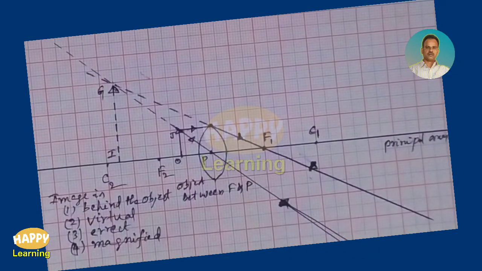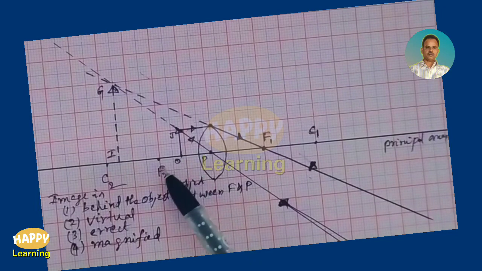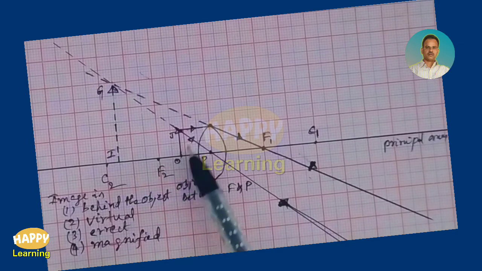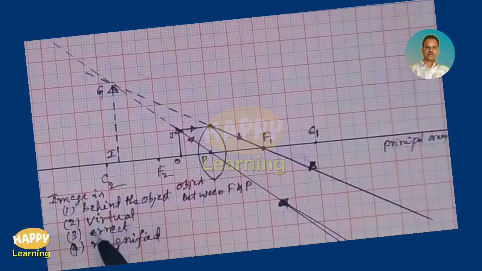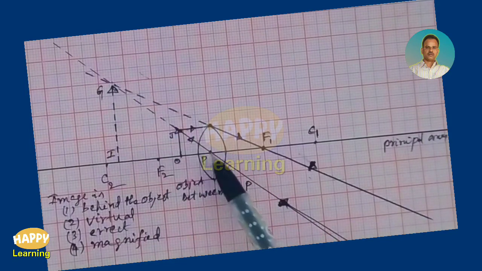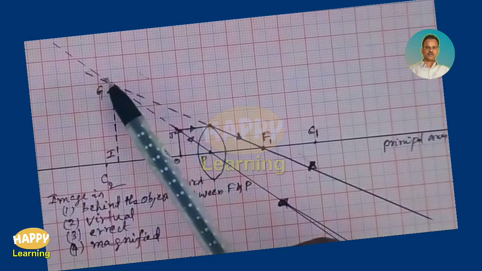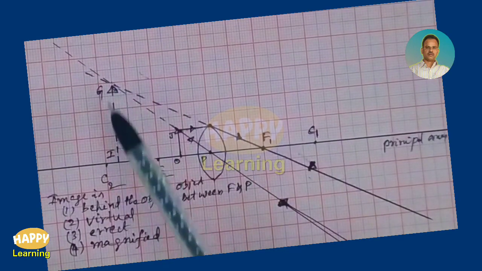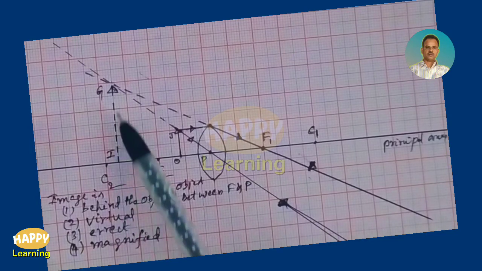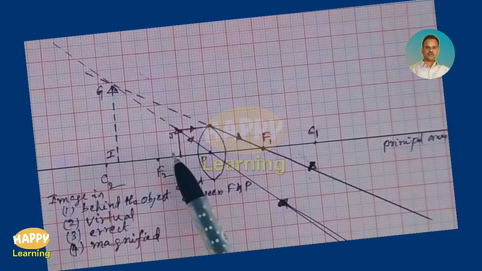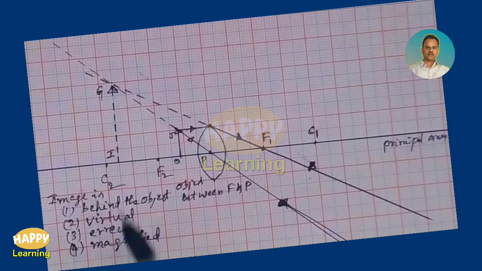So in this case, when the object is between focus and optic center, the image is formed behind the object. It is virtual, so it is imaginary. Due to the extension of these rays in the backward direction, they appear to meet at this point. So it is an imaginary image. Virtual image, its shape is erect, same as that of the object, arrow up, and it is magnified.